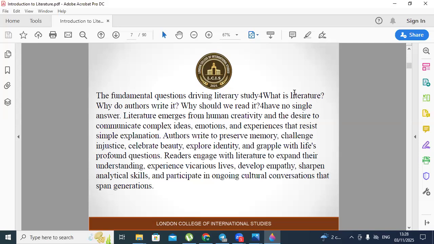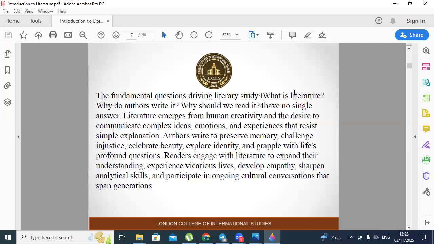Readers engage with literature for equally valid reasons. We read to expand our understanding beyond our limited personal experience. We read to live through characters experiencing situations we will never encounter firsthand. We read to develop empathy, learning to see from perspectives different from our own.